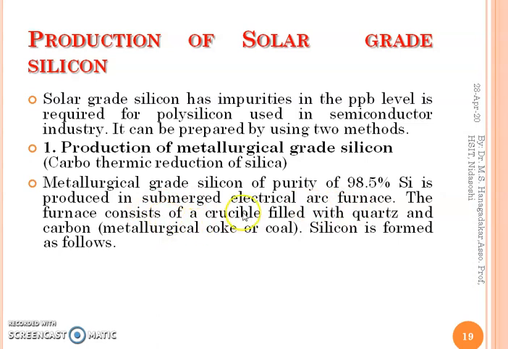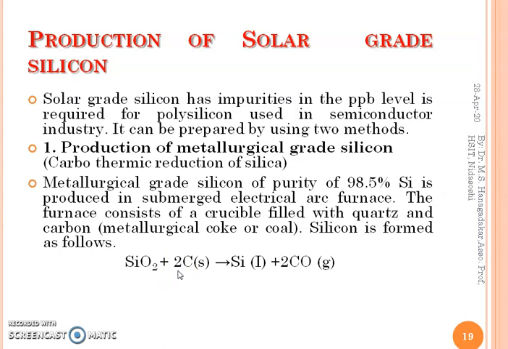The furnace consists of a crucible filled with quartz and carbon. The silica is reduced in the presence of coke or coal, and we get the silicon.